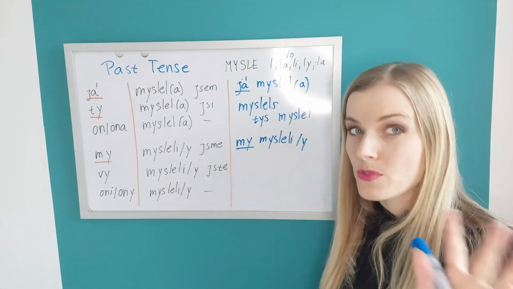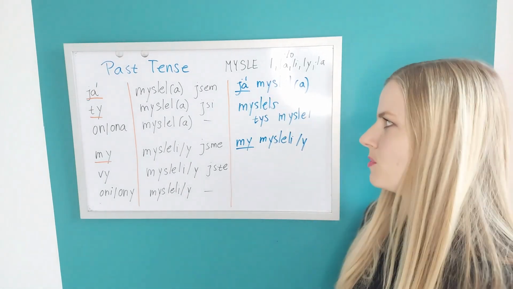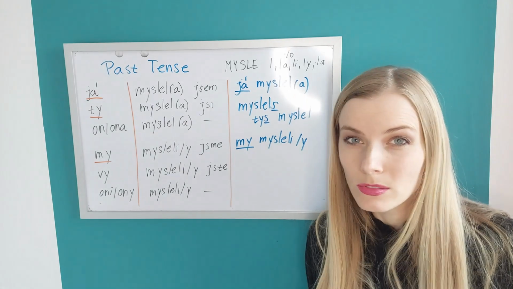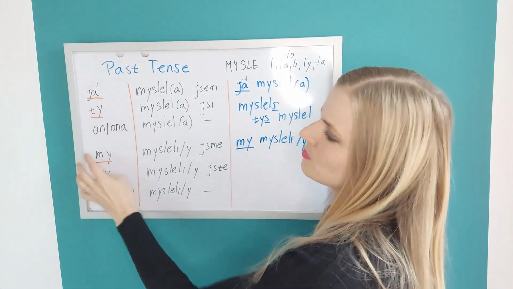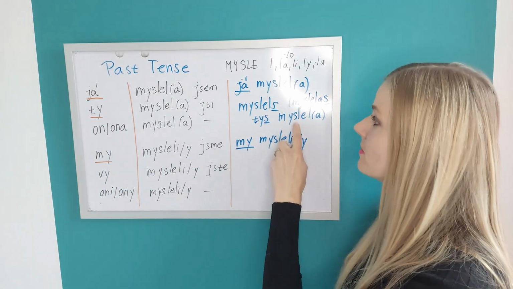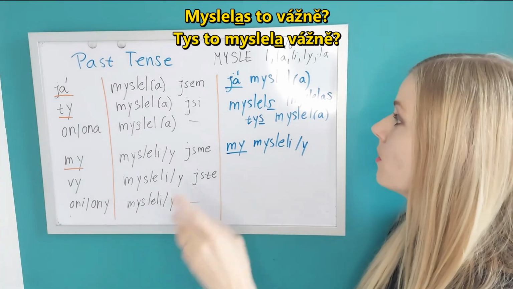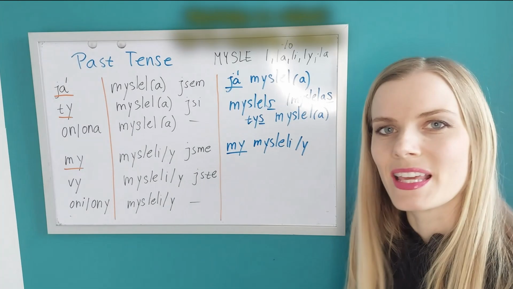Look at this for a few seconds. If you want to pause this and think about what I wrote. And now I will show you more examples with these particular pronouns. I almost forgot to mention the feminine version. When we refer to a woman, it would be myslelas or ty jsi myslela.